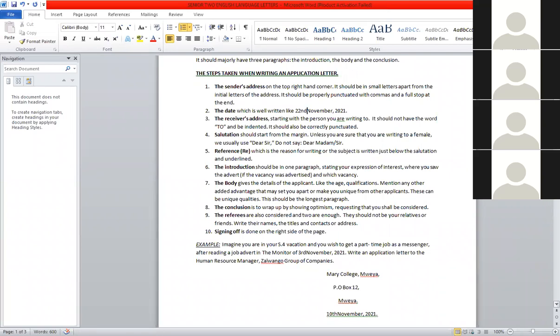There is something I discovered that in most cases, when you're writing to a superior, for example, a student writing to the head teacher or to the teacher, that student or that person is supposed to say, dear sir, dear madam, not dear Mrs.